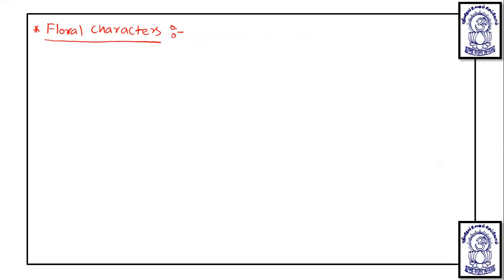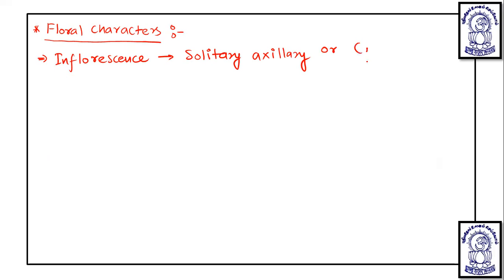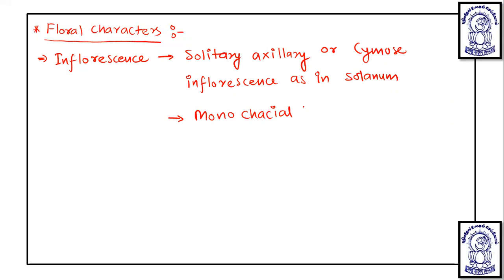If we talk about inflorescence, then the inflorescence is solitary axillary or cymose, as in Solanum. In cymose inflorescence, monochasial cyme or uniparous cyme is observed.